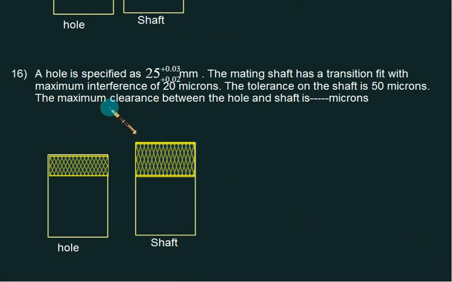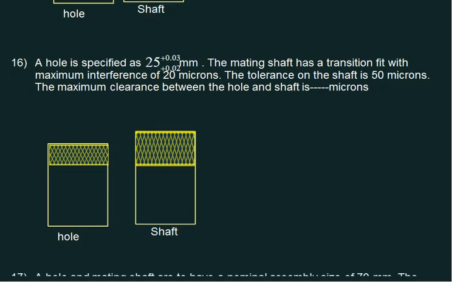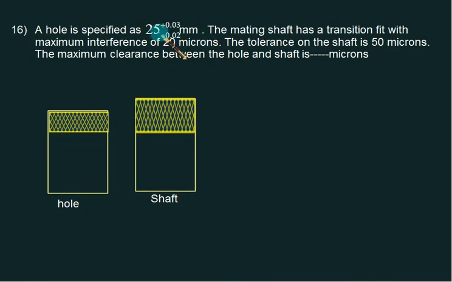A hole is specified by 25 plus 0.03 and 25.02, and the mating shaft has a transition fit and maximum interference is 20 micron. So we have a hole of 25.03 and 25.02. The tolerance on the shaft is 50 micron. So this tolerance band must be 50 micron. We want maximum interference of 20 micron and we have a transition fit. The maximum interference will be maximum shaft size minus the minimum hole size.